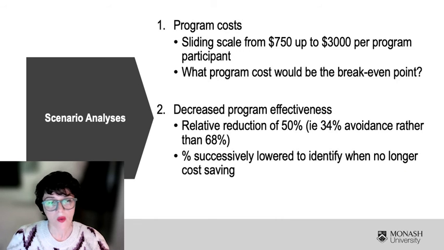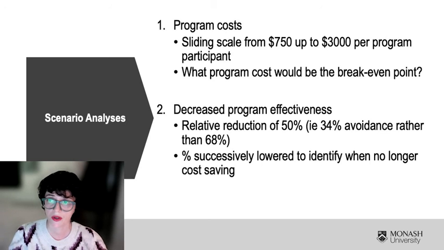In this study, we also looked at the cost of the surgery, but also the cost of non-surgical management, in a number of scenario analyses. When we do a budget impact analysis, we do a number of scenario analyses to test uncertainty around our model. So we applied a sliding scale cost to the non-surgical management, varying from $750 to $3,000 per program.